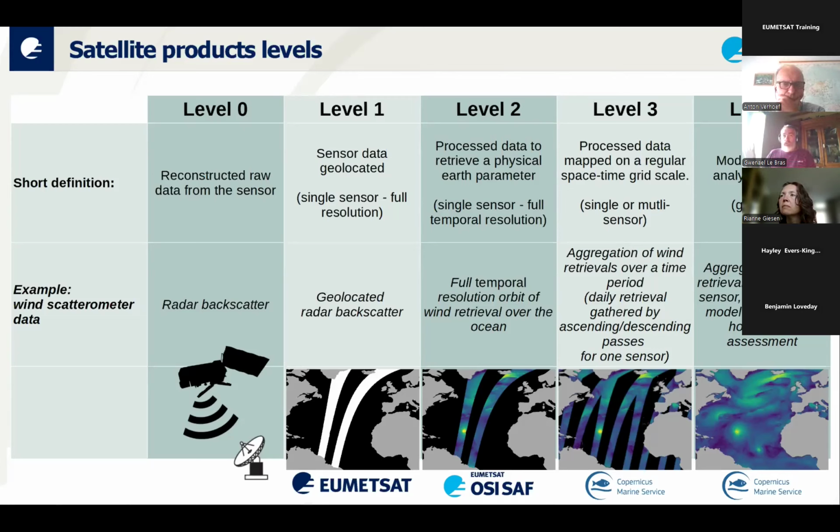This level 2 is what Anton is going to talk to you about. This is the EUMETSAT OSI SAF scatterometer wind product.